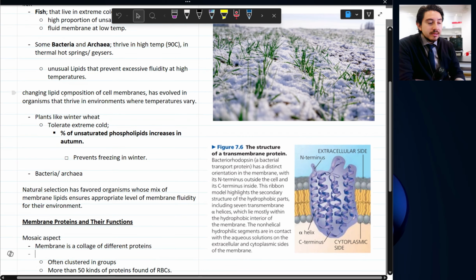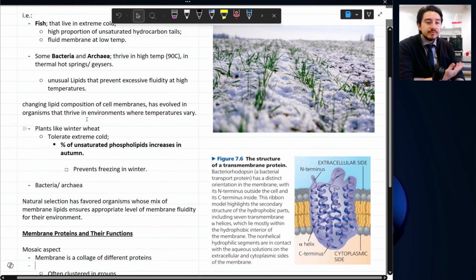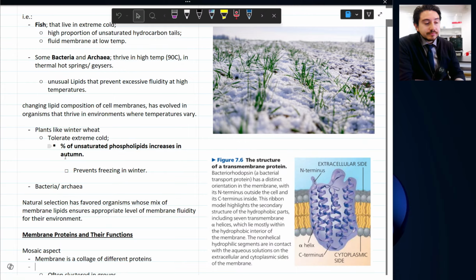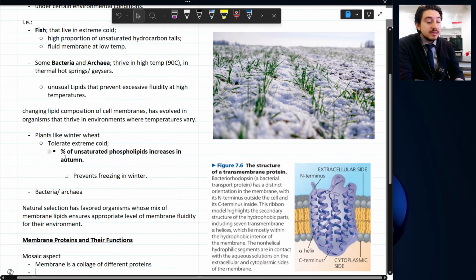Very interestingly, there's a plant called winter wheat that can still thrive in the winter. It can tolerate extreme cold just because the percentage of unsaturated phospholipids increases in autumn. So ultimately, that will prevent freezing during the winter.